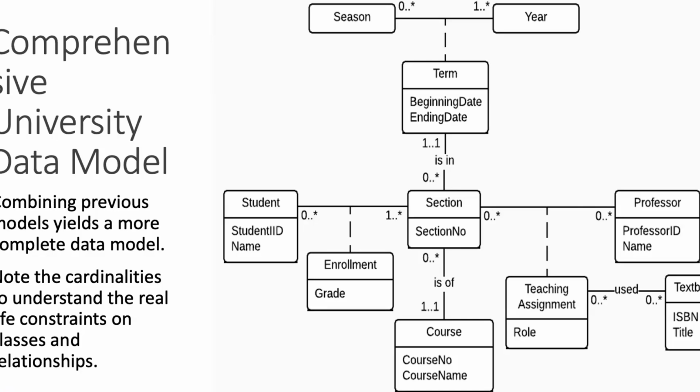Each section can be related to many students. Each section can be related to the service, and also the section itself is related to the different types of courses, and also here is the association class, the teaching association class.